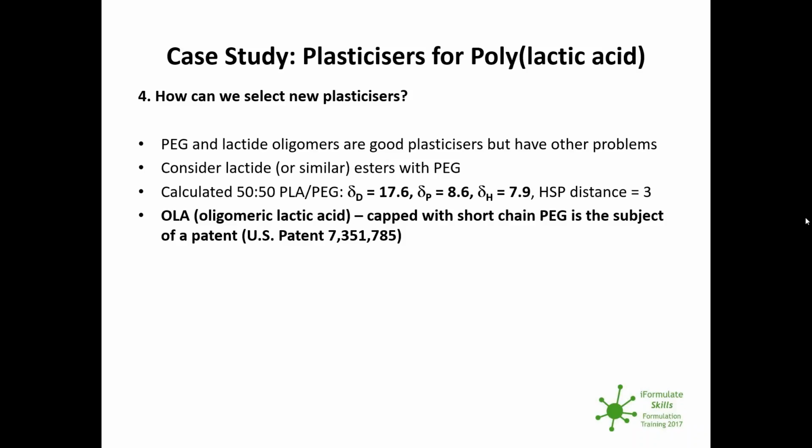And in fact, it turns out there is indeed a patented molecule of that type, an oligomeric lactic acid which has been capped with a short chain PEG. So it's an ester of the two, and that shows a really good match and good plasticizer properties for PLA.